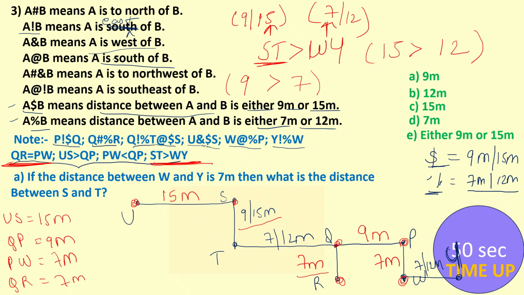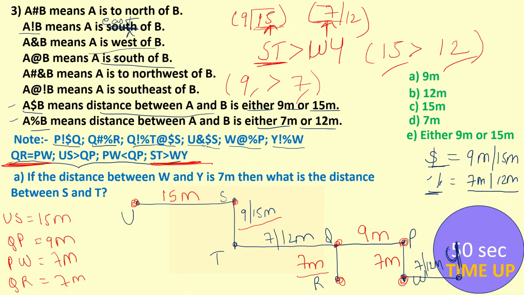So from this you can't find out the distance between ST and WY. Because if you put 9 also, 9 is greater than 7. If you put 15 also, 15 is greater than 12. Even if you compare between 15 and 7, 15 is greater than 7. Correct?